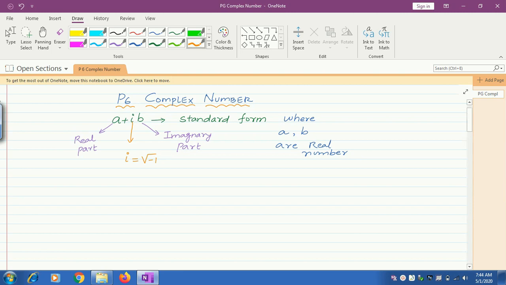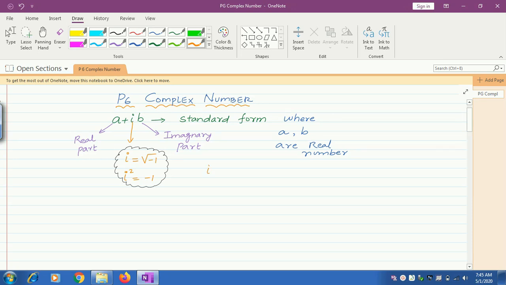Using this definition, if I square i, you will get minus 1. This is a very important thing we use throughout complex numbers: i square stands for minus 1. So you can calculate any value in the powers of i.